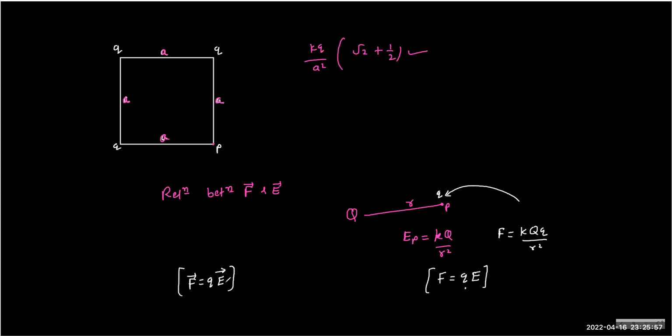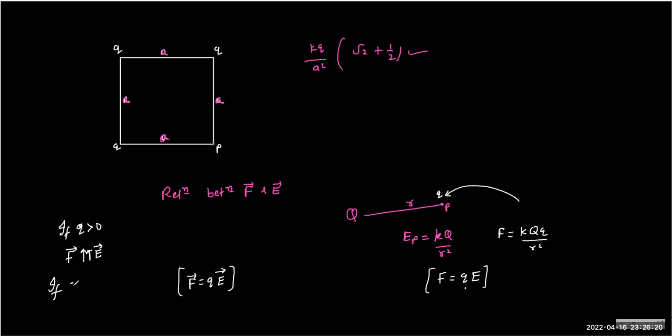So the force and the electric field vector may be parallel or anti-parallel depending on whether the charge is positive or negative. So if we assume the charge experiencing the force is positive, then the force will be parallel to the electric field.